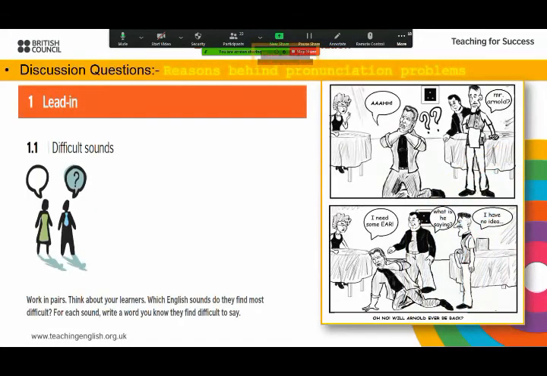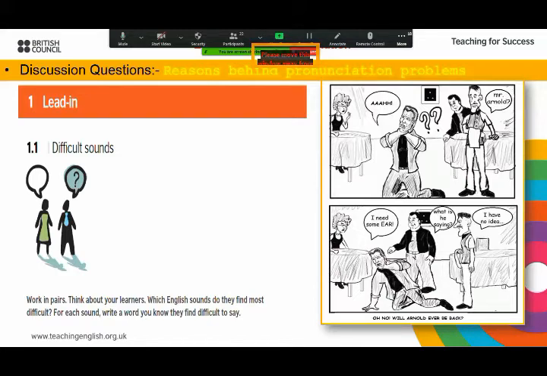Next, let's move to lead in. Lead in concerns the difficult sounds. So think in general about your learners, which English sounds they find most difficult.